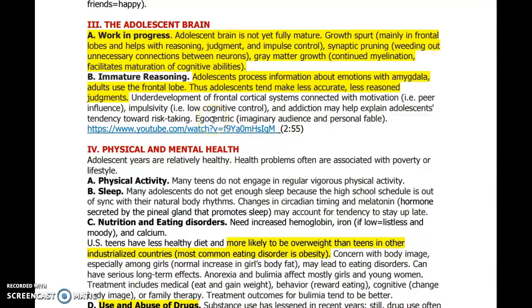So teens also are egocentric, and we talked about how little ones are egocentric in their earlier years. Well, this egocentrism returns, and in teen years it comes about as the imaginary audience, where teens think that everyone is looking at them and that what they're wearing and their life is so important.